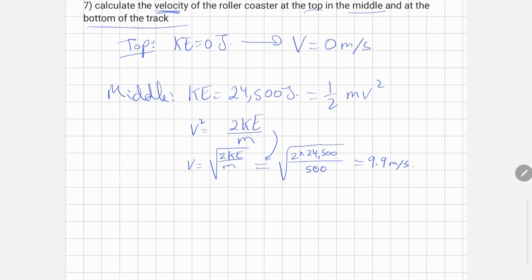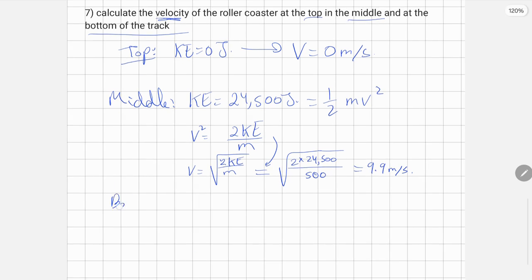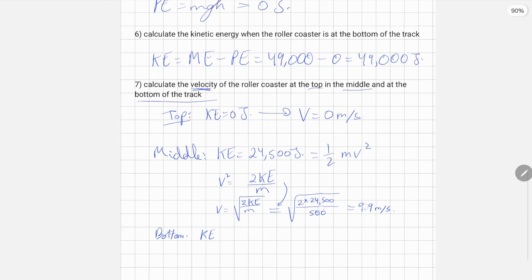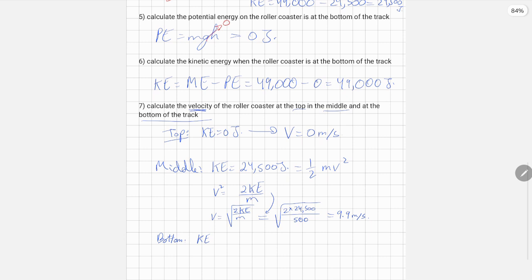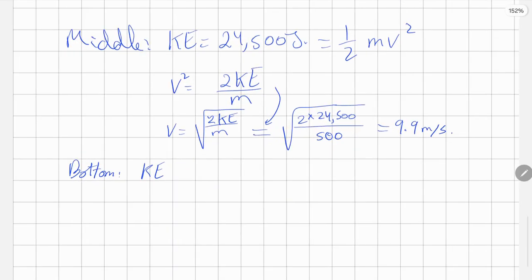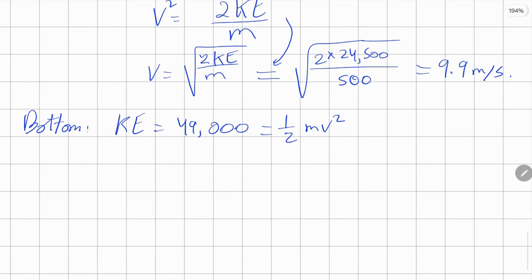Next, we look at the bottom of the track, and we remember from the previous exercise that the kinetic energy was 49,000 joules. When we plug in the formula half mv squared, we do the exact same thing as before.